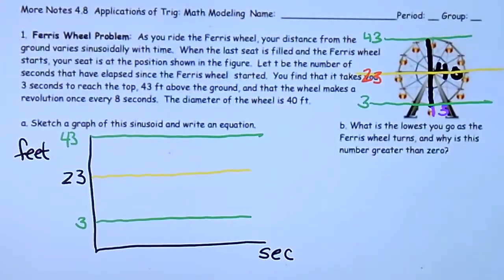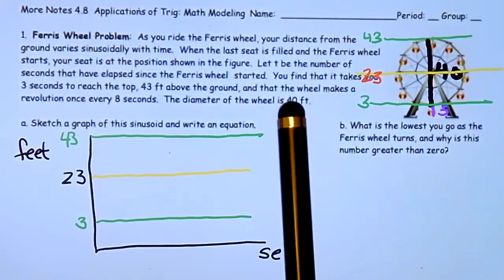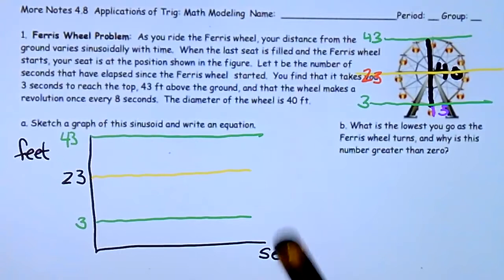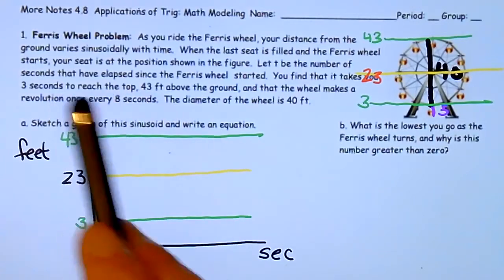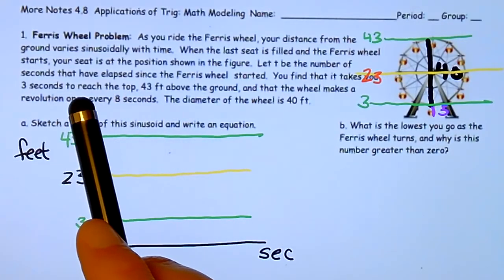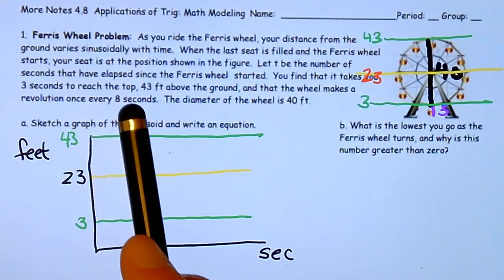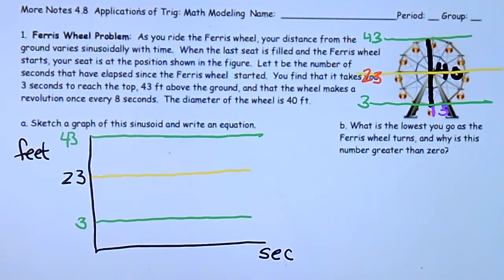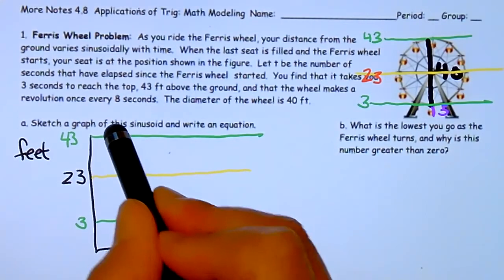Now let's get my X going, or T for time. It says that at 3 seconds, you're going to reach the top, which is 43. So I'm going to put 3 here, and I'm going to put a point up at 43.